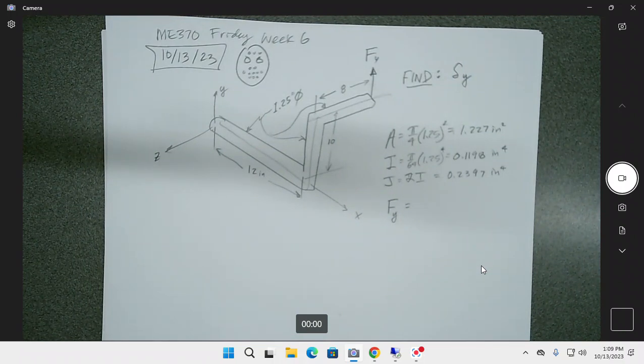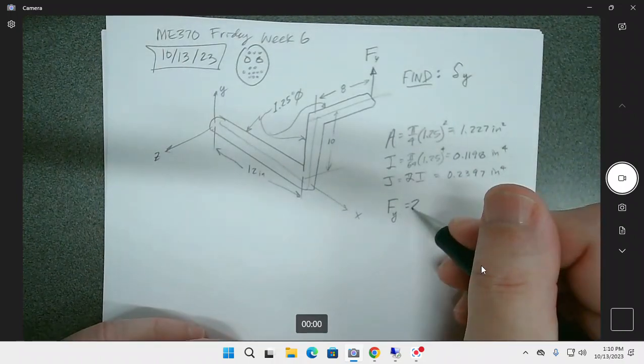Let's say we want to get a good solid number out of it. Want to go 500 pounds? Seems like a lot. Strong material though? Maybe not so much, because we want to do an FEA of it, and we don't want it to go into a crazy nonlinear mode, so 200 pounds.